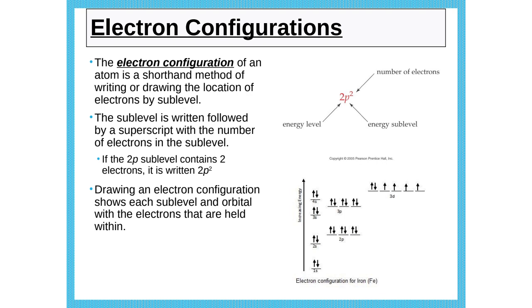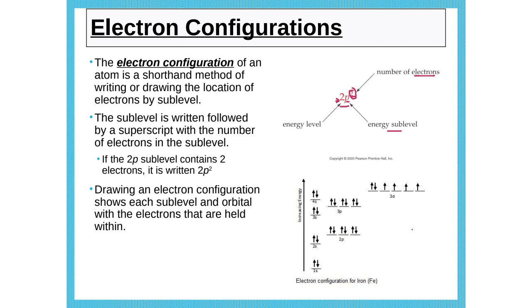So there are two ways to represent electron configurations. You can either write them out, and when you're writing them out, we use a notation like this, where we have the energy level given by the larger number. We have the orbital type, or the sublevel, and then a little superscript number, which is the number of electrons actually sitting in that orbital.